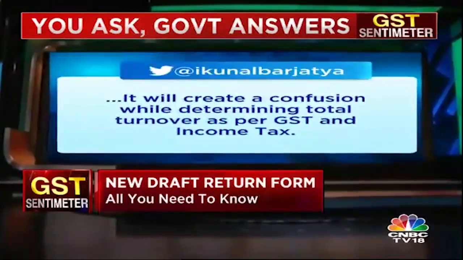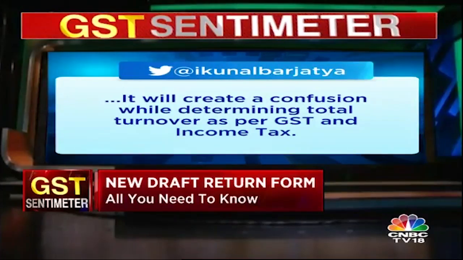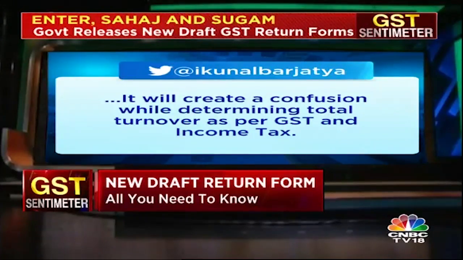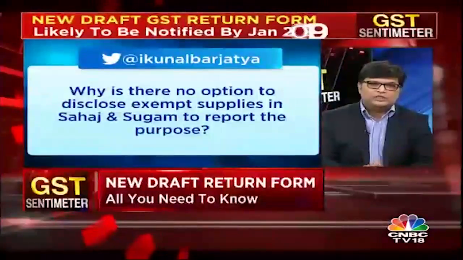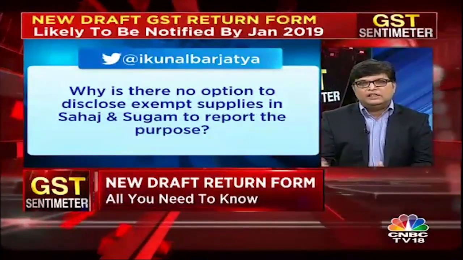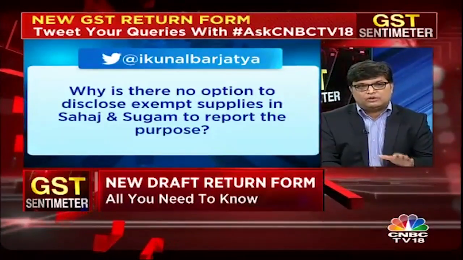Okay. The answer to that is, you see, in Sahaj and Sugam, we were trying to capture as little information as feasible because we wanted to keep the form simple, and therefore the number of pieces of information which you had to upload needed to be low. As far as turnover is concerned, in the annual return, we can always capture whatever information we are dropping here.